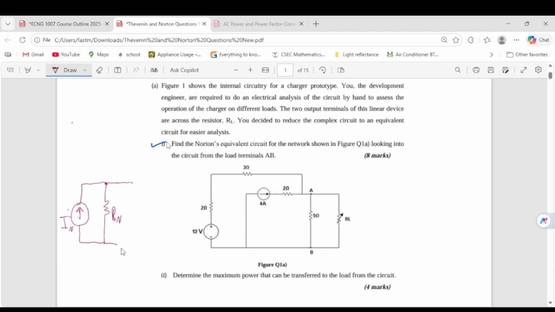And then these two terminals here are where you will connect your load, whatever load you have in the system.